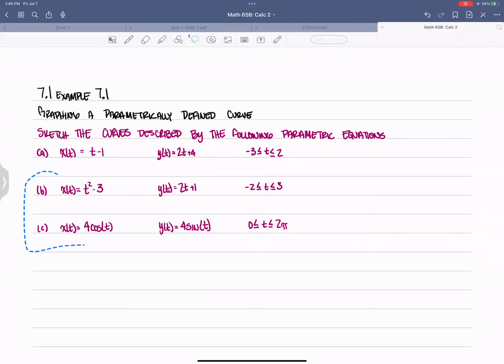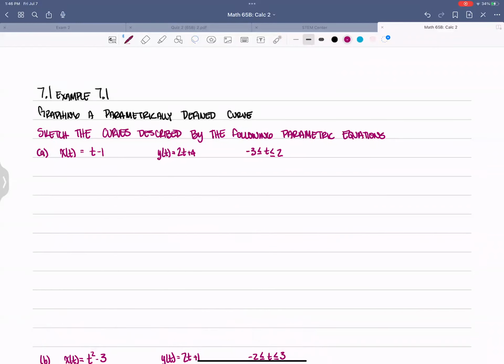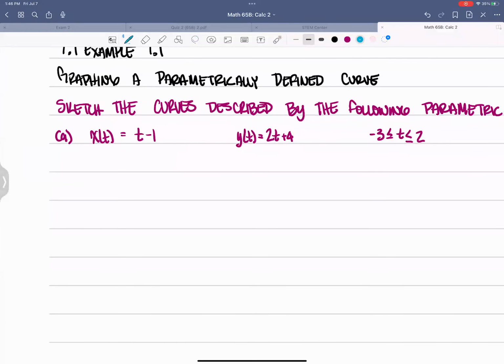To graph these, let's go back to college algebra or intermediate algebra. I'm not sure what they call it in high school, but let's make a little XY tree, with t our input, our output for x of t, and then our output for y of t.